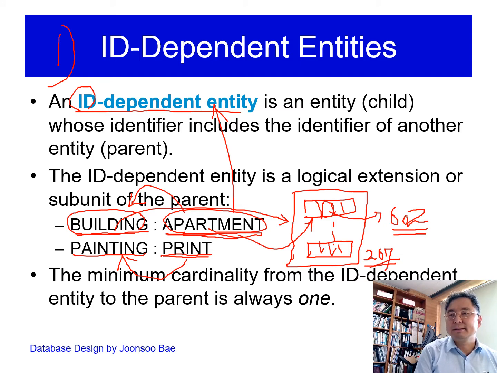In order for an ID dependent entity to exist, there must be a parent entity. This original one is the parent entity, and the ID dependent entity is called the child entity. So this right part is the child, and the left part is the parent.